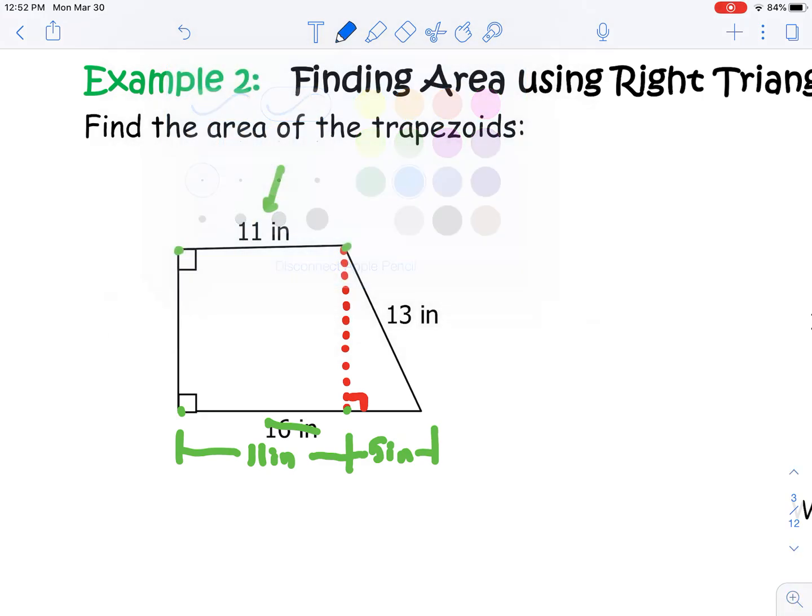Now notice, this is a right triangle in which I know one leg is 5, the hypotenuse is 13. So how would I find the new height? Well, I do Pythagorean theorem. When I do Pythagorean theorem, I'll find that the height is 12 inches of both the triangle and the trapezoid.